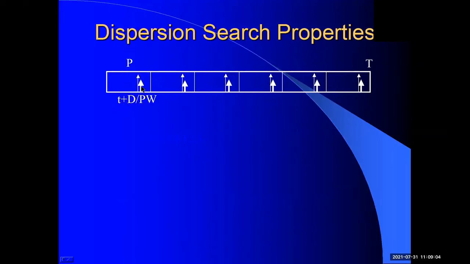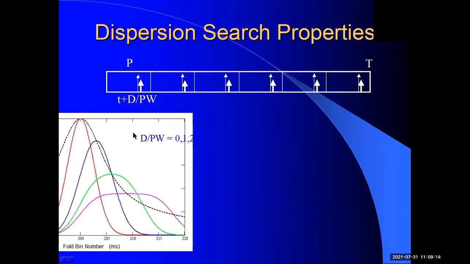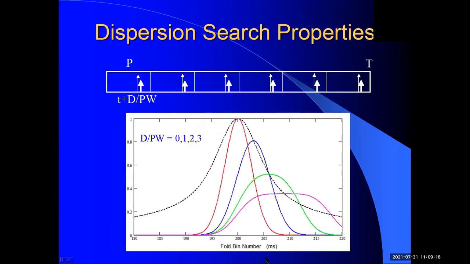But if you disperse it at a different figure, then it starts off as being broader, and it's lower in amplitude. And you can actually calculate what the amplitude will be and what the effective width will be, because as it gets broader, the pulse gets broader.